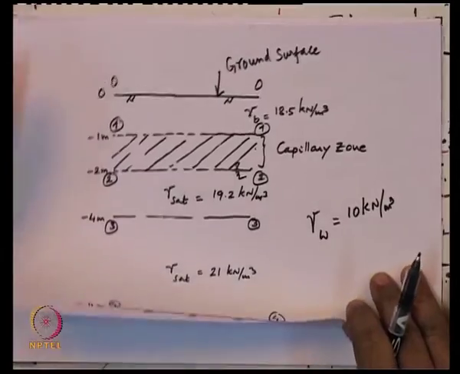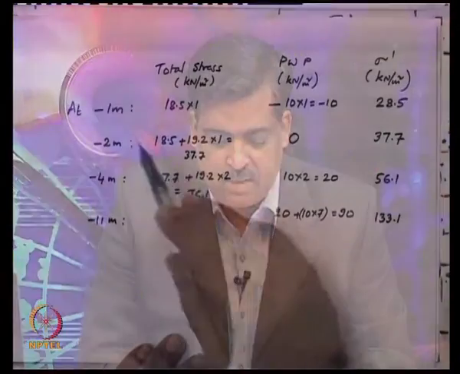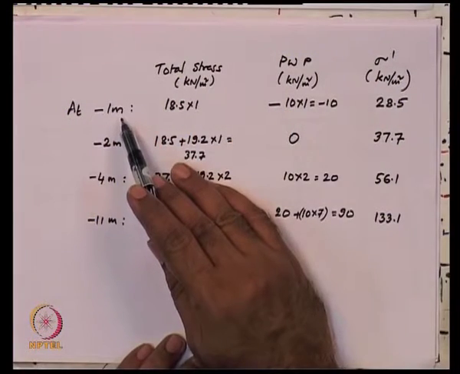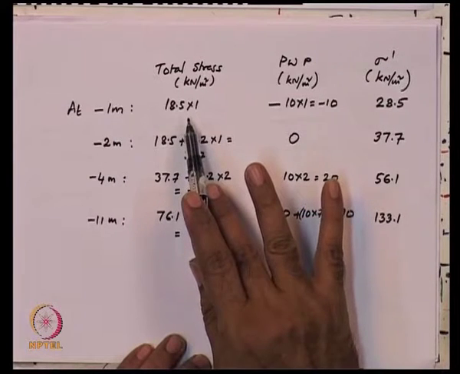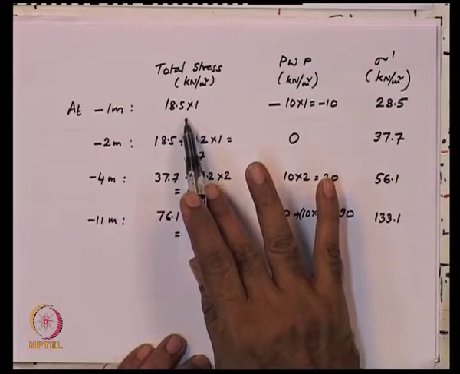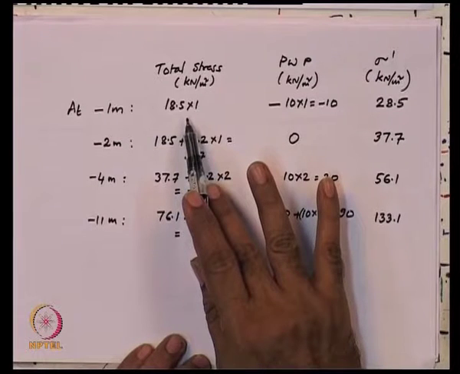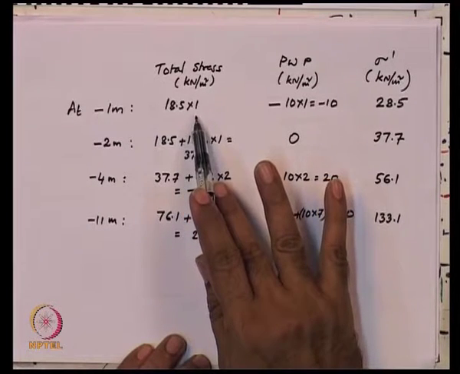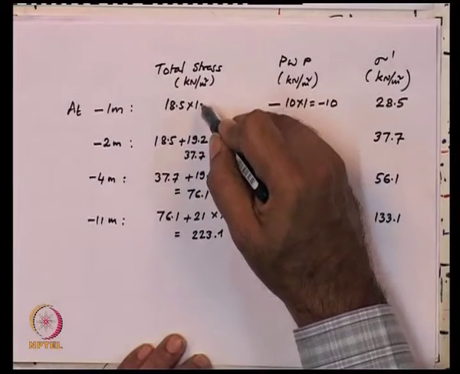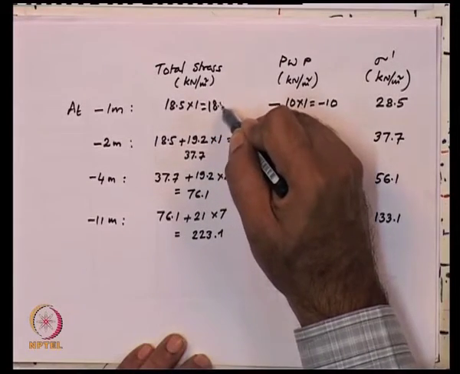Now let us consider -1 meter, that is level 1. The total stress is 18.5, the bulk unit weight of the soil, times 1 meter, which is 18.5 kilopascals.